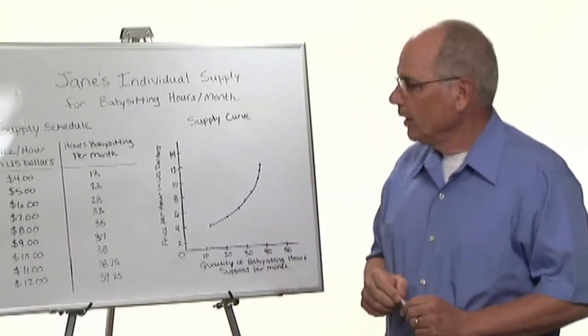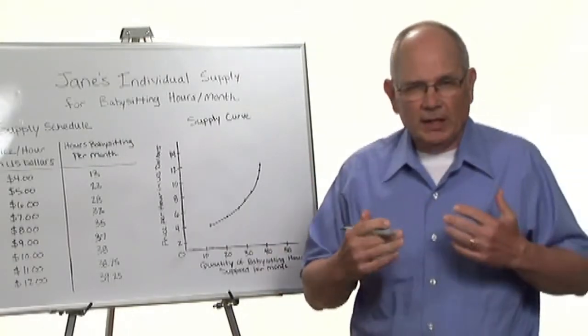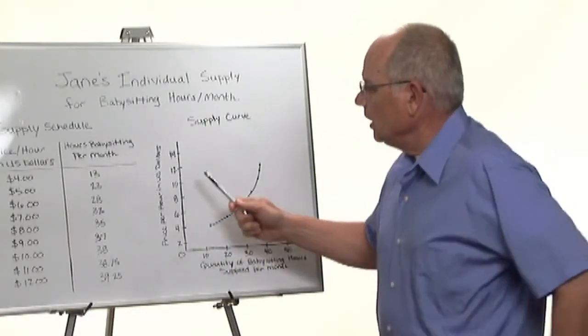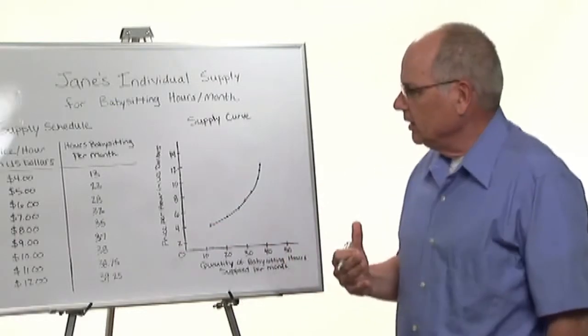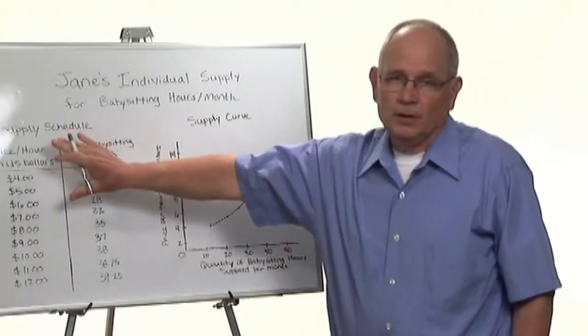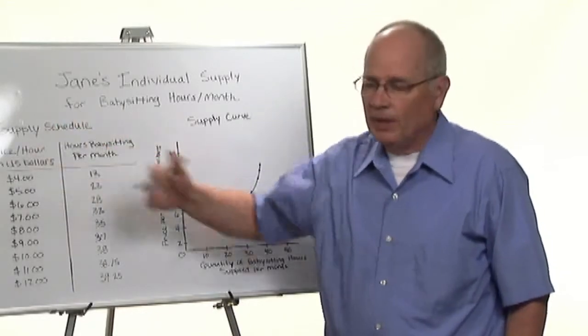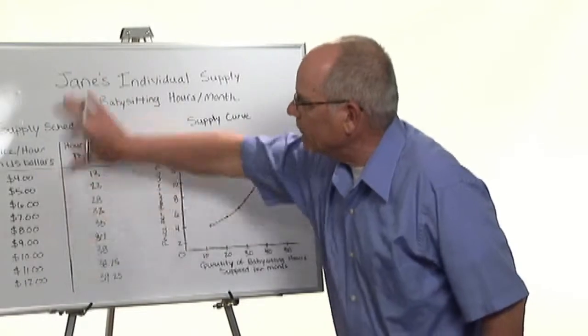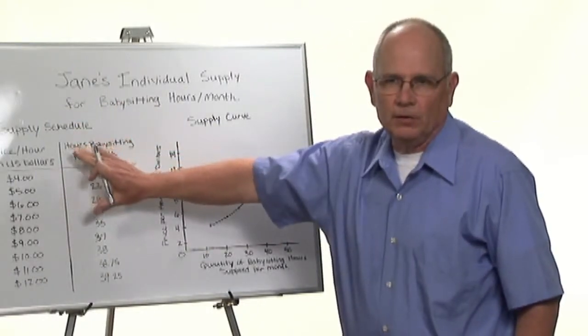One other thing. Notice when I say this, that other things are basically the same. In other words, we don't have anything like a new company comes in that can offer Jane a job in something other than babysitting. We don't have any direct competition that will impact her ability to do this.